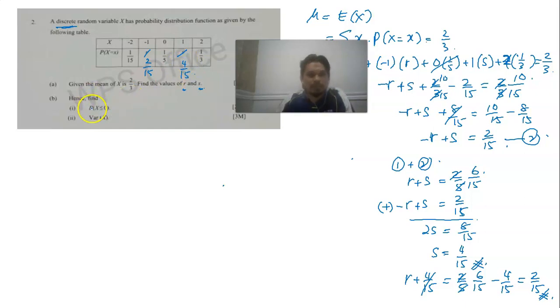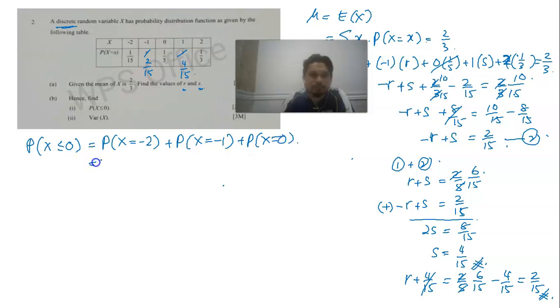Now find the probability of X less than or equal to 0, including 0, -1 and -2. Which means it is the probability of X equal to -2 plus the probability of X equal to -1 plus the probability of X equal to 0.